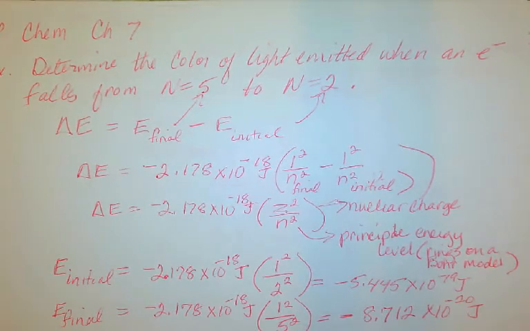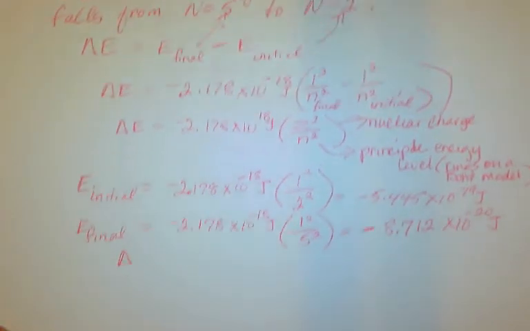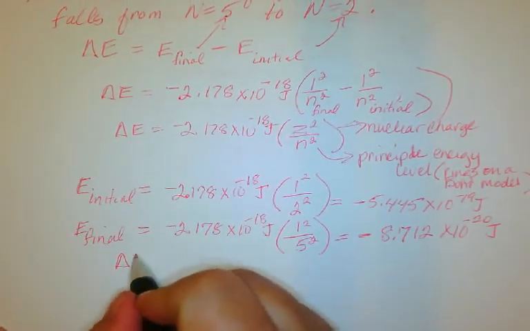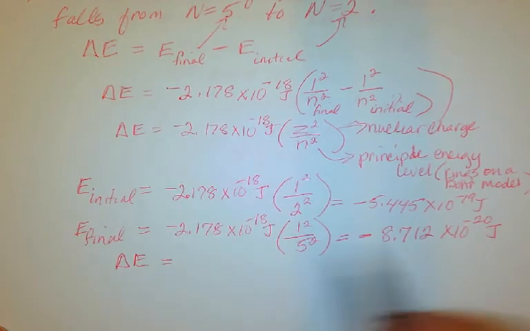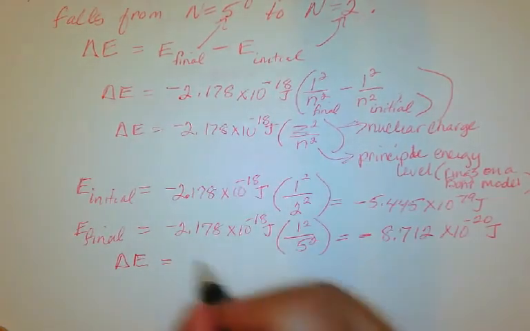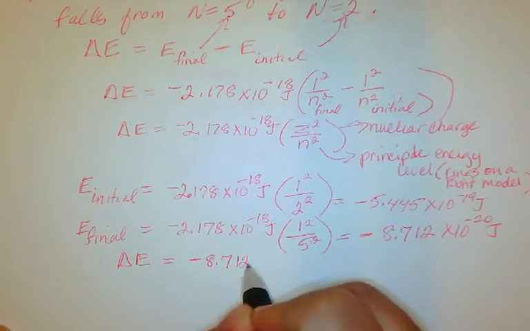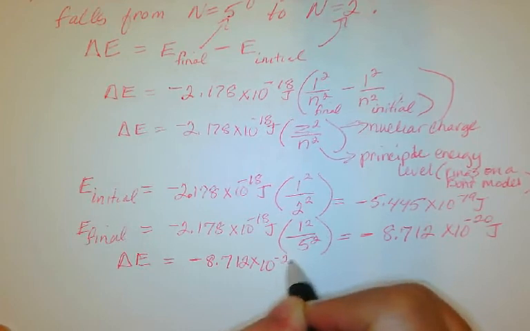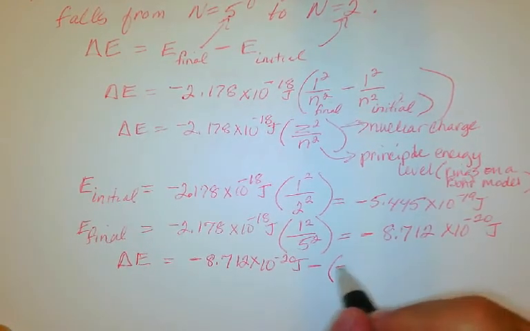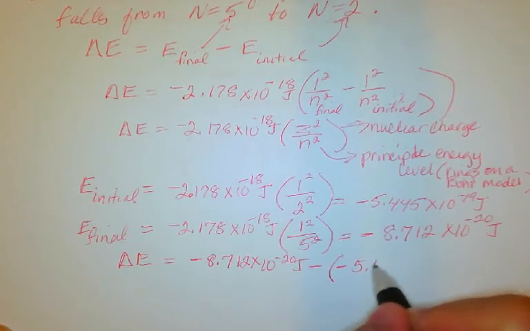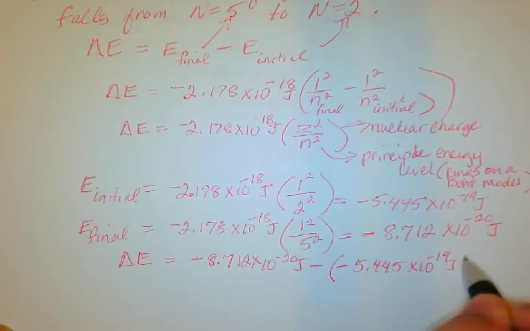Okay, so the change, therefore, is going to now be delta E is equal to the final state minus the initial. So we've got negative 8.712 times 10 to the negative 20 joules minus our initial state, which is also a negative value, 5.445 times 10 to the minus 19 joules.